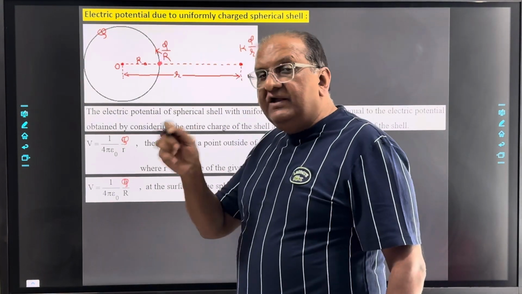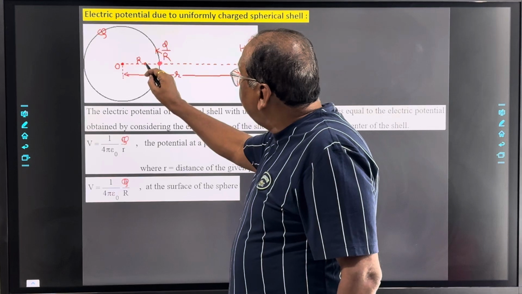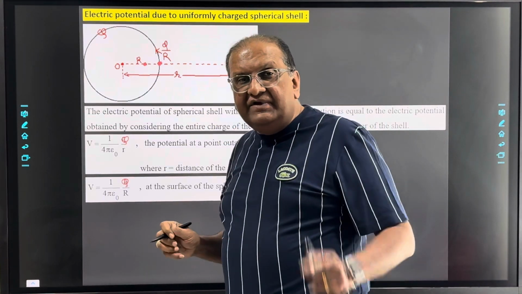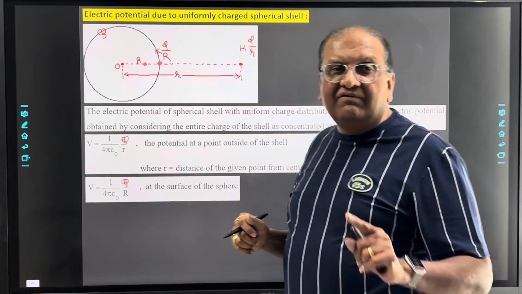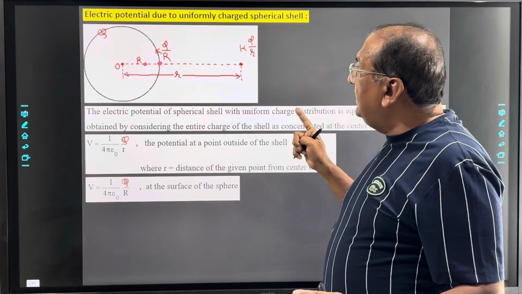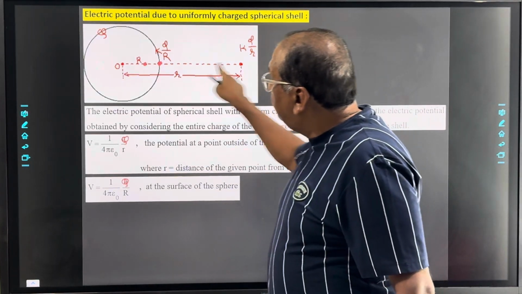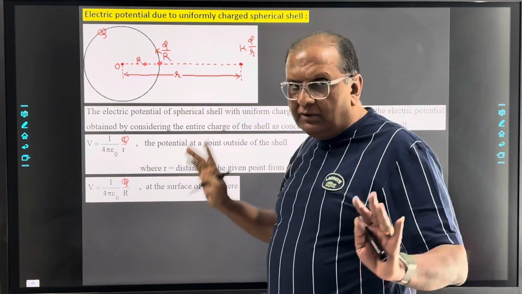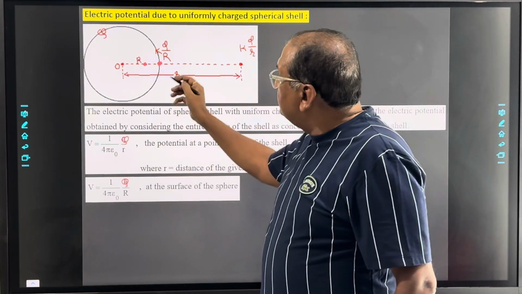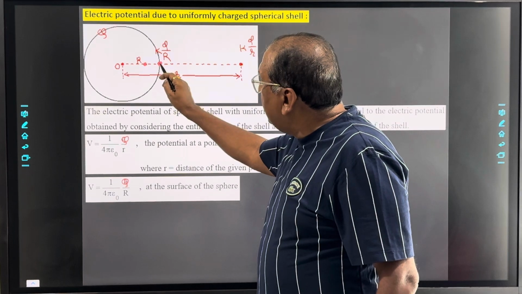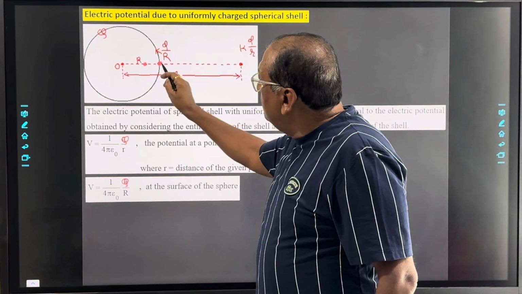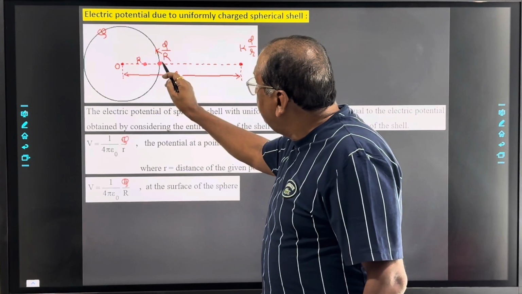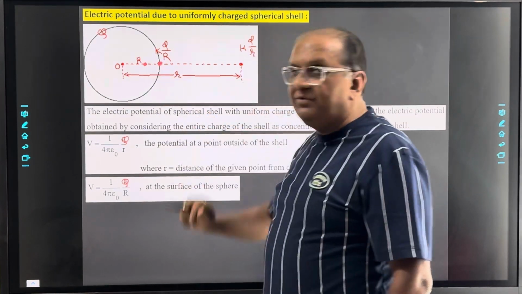Now, if we want to find the potential at this point, we have to calculate the total work done in bringing a unit positive charge from infinity to this point. But up to the surface we have already calculated. So now we have to calculate the additional work done to move a unit positive charge from the surface to this point.